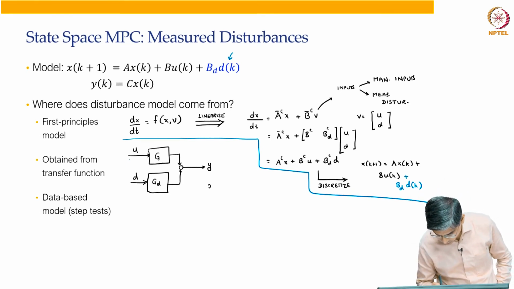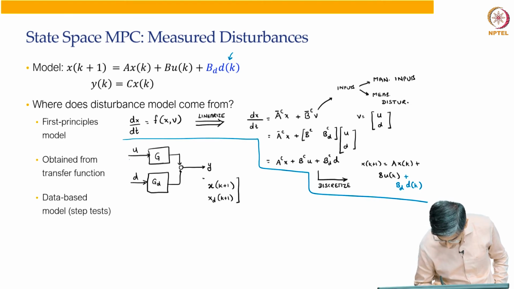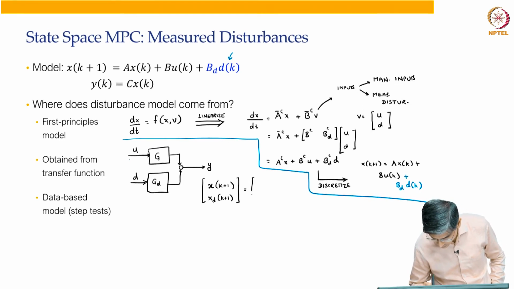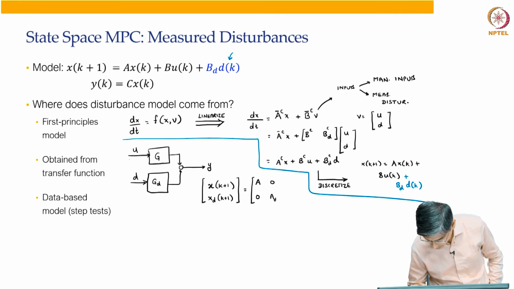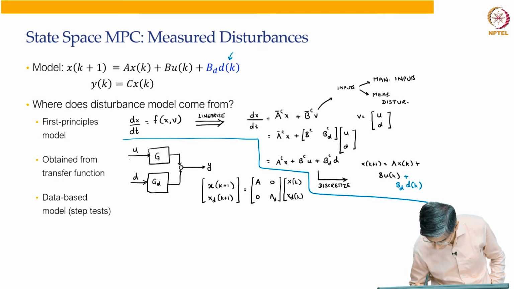We got those models of the form of x k plus 1, x d k plus 1 will be equal to a 0 0 a d plus, and so on.